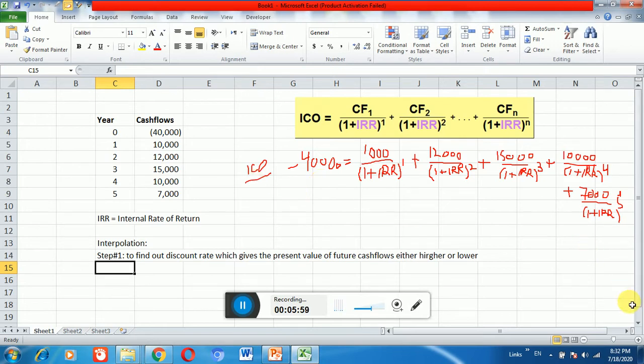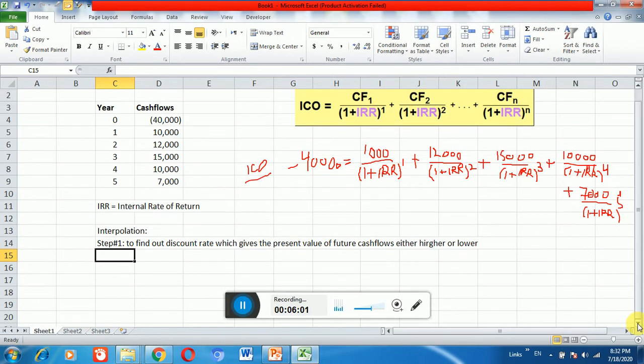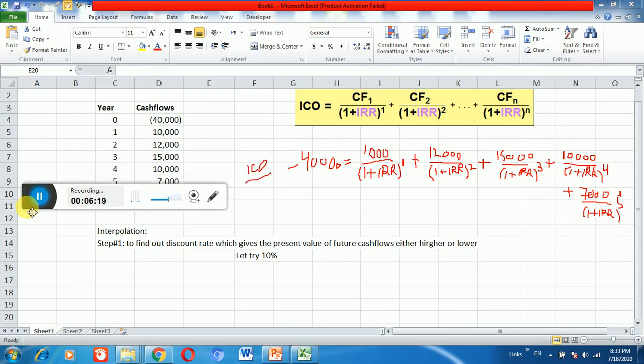What I'm doing here is trying 10%. Instead of IRR, I'm putting 10%, and then I see what the present value of all these cash flows is.